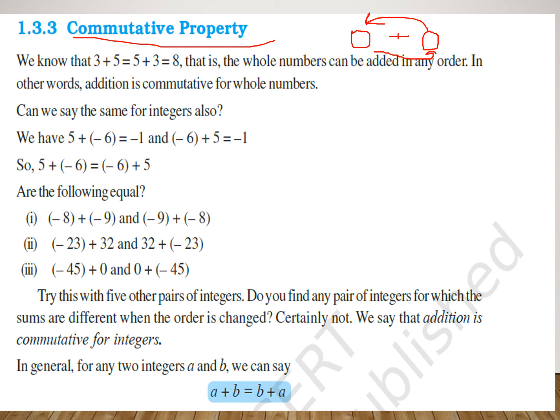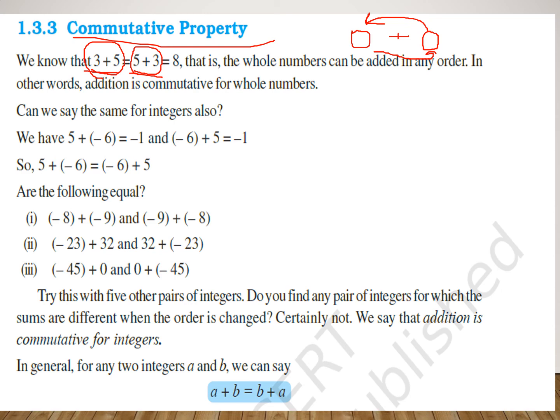Suppose we have 3 plus 5 and we change their place like 5 plus 3. What we did, we kept 5 at the place of 3 and 3 at the place of 5 and see what is the change. You can see in the first case answer is 3 plus 5 is 8 and second case also answer is 8. So we can say in addition by commuting nothing is changed.